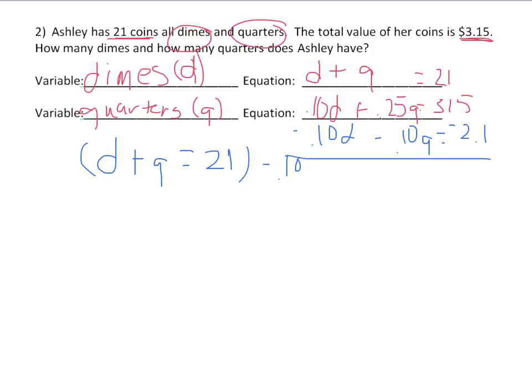Okay, now I can add those together. Those would cancel out. And that would give me 0.15q equals 3.15 minus 2.1, which is $1.05.